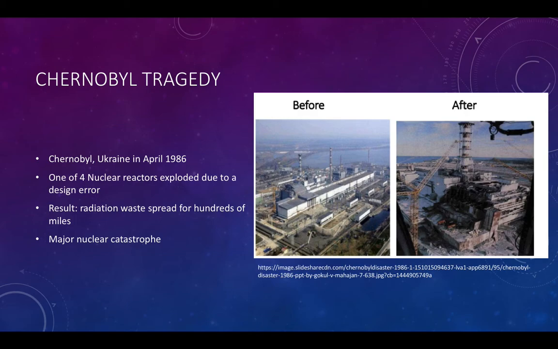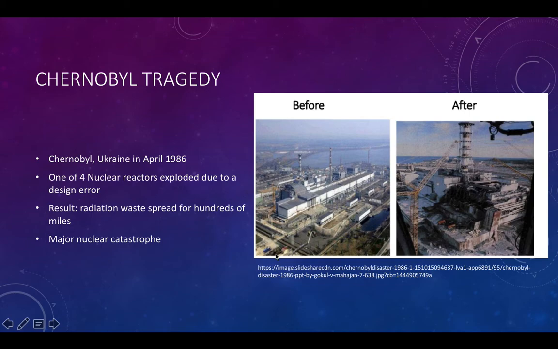The Chernobyl tragedy is an example of what could happen if nuclear reactors explode. In Chernobyl, Ukraine, in April of 1986, one of the 4 nuclear reactors that powered the city exploded due to some design error, and the result was devastating.